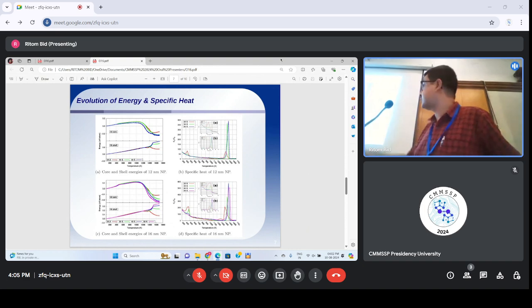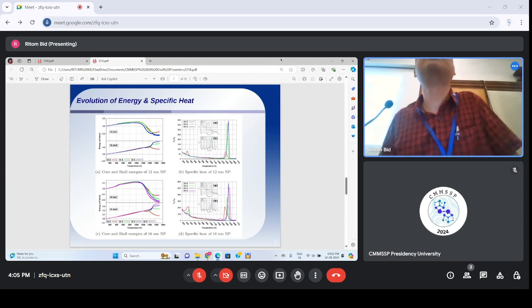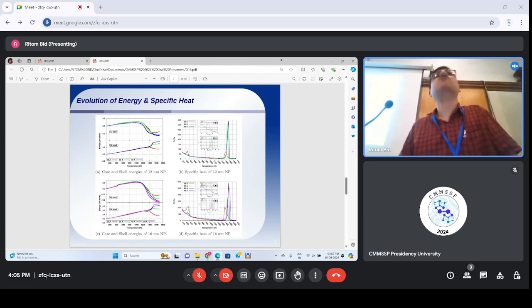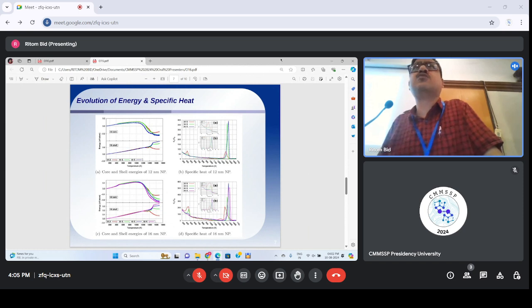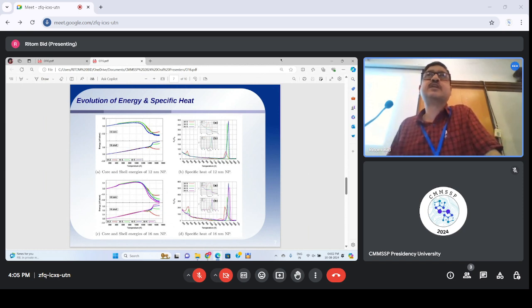And this happens for aluminum. Nickel's melting point is very high, close to 1500 centigrade, and aluminum is 660 degrees centigrade. But I think I took the absolute value. I don't recall right now.